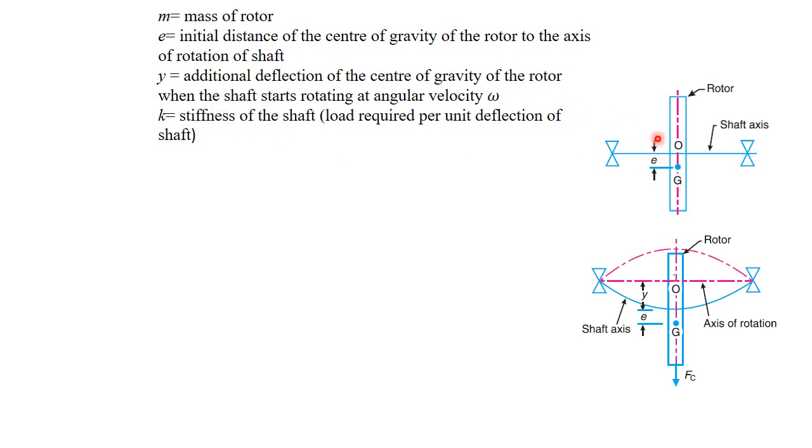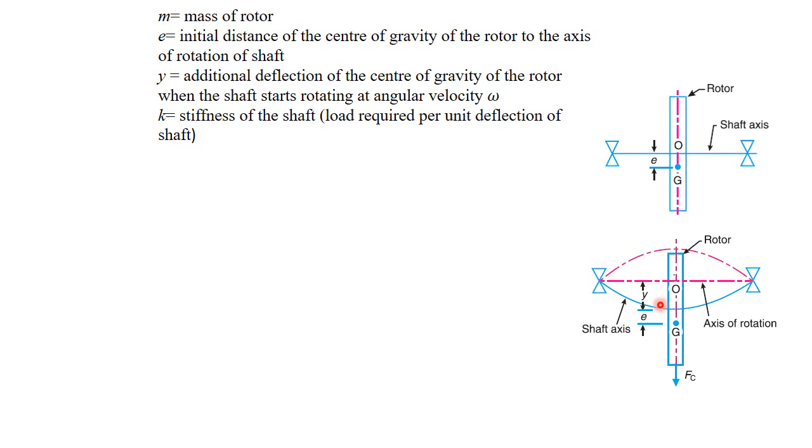Now, due to this eccentricity, when the shaft starts rotating, an excessive centrifugal force will be created. Fc is the centrifugal force which is created in the outward direction of the rotor. It is because of this centrifugal force that whirling, or transverse vibration, of the shaft occurs. This up and down motion, or transverse vibration, is what is called the whirling of the shaft.